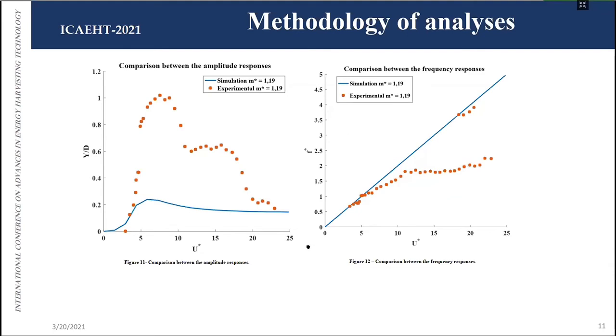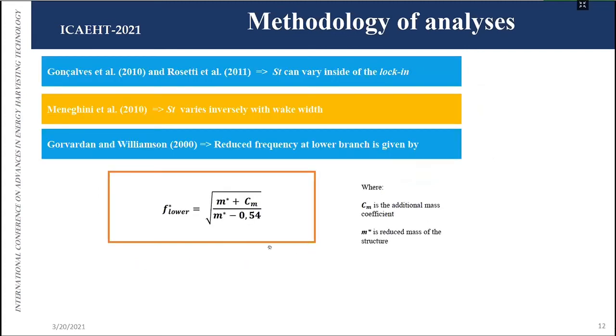So we started to analyze another reference, and we found out that Gonçalves et al. 2010 and Rosetti et al. 2011 affirmed that the Strouhal number can vary inside the locking region.